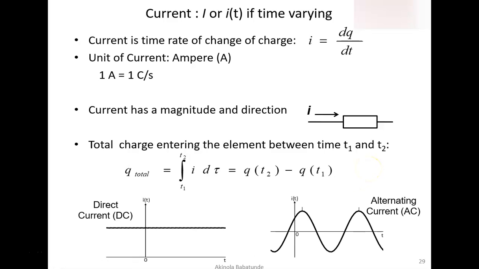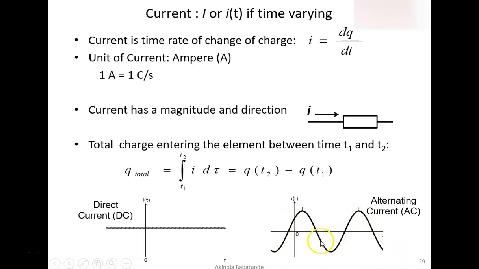So we have direct current and we also have alternating current. For direct current, as the time changes, the current remains constant, no matter what the time is. For alternating current, as the time varies, the current also varies.